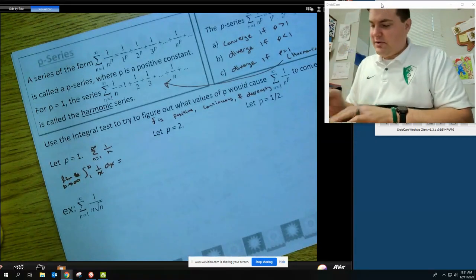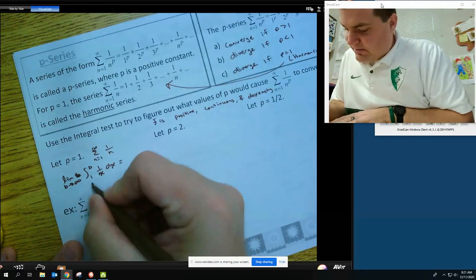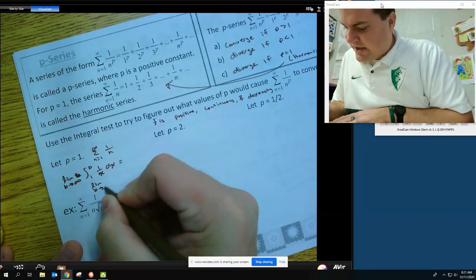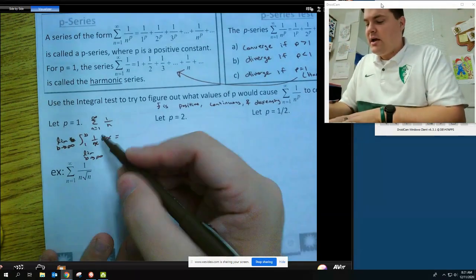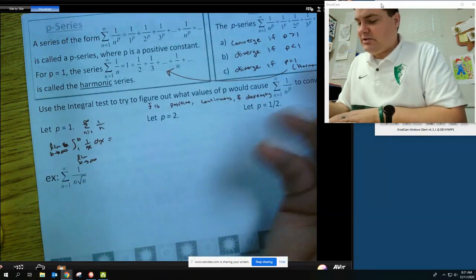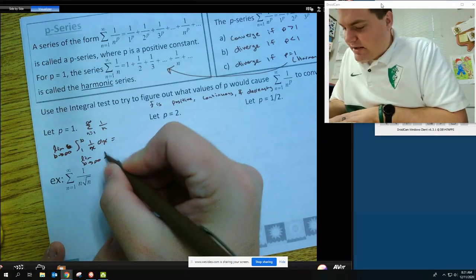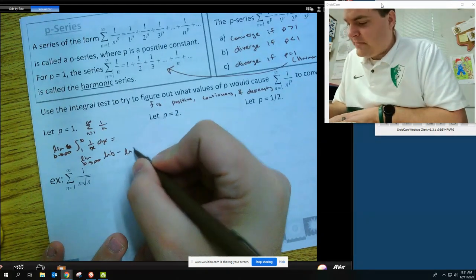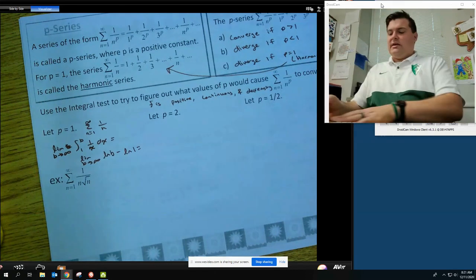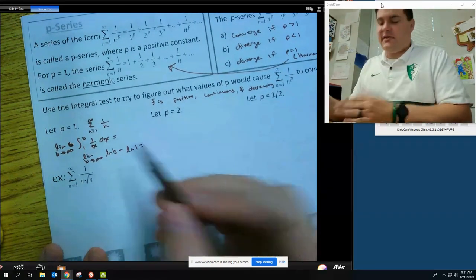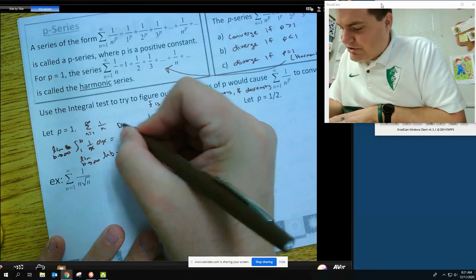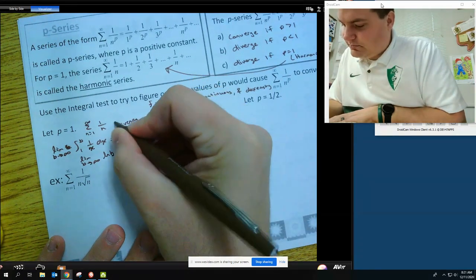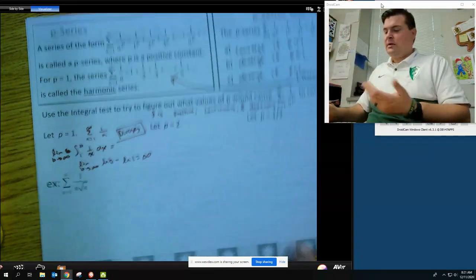I am going through this really fast, just because I want to show you every little step of the way. The integral of 1 over x dx is just ln of x, so I'm getting ln of b minus ln of 1. Ln of b is increasing the entire time, so if I go out to infinity, this is going to be infinity. So this diverges. So when p is equal to 1, we diverge.